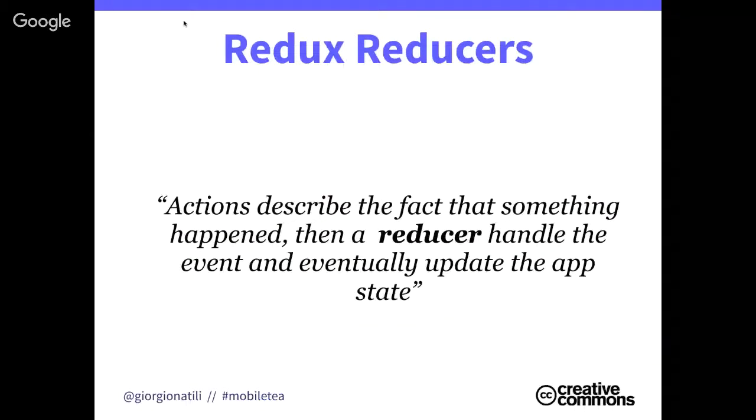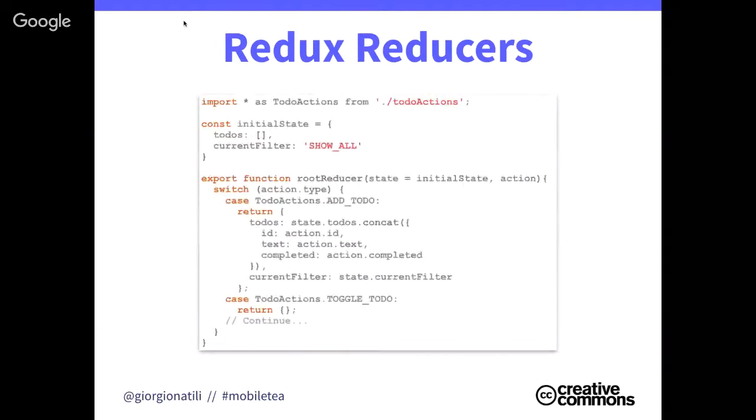Reducers. Reducers are functions that handle the state, that get the input from the action and update the state. This is an example of a reducer. It's a function that returns something. The something is determined according to the app that you're working on.